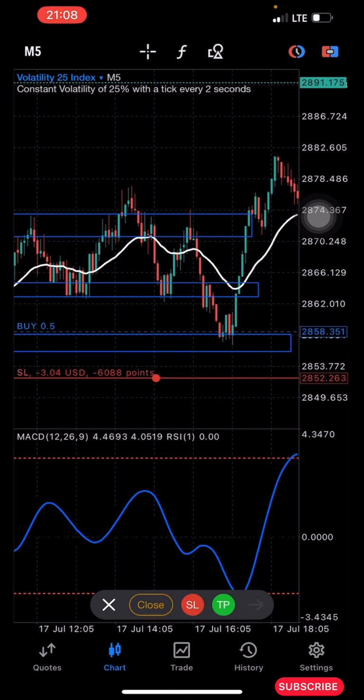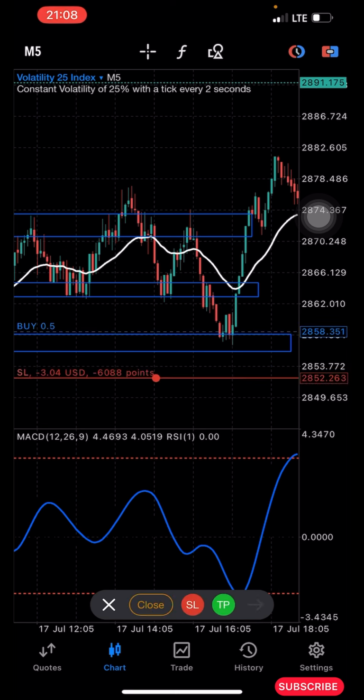I saw that price came down, triggered my buy limit, and went up a little bit. Had I been with the phone, I would have maybe closed some position here.